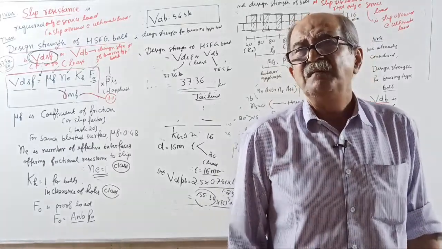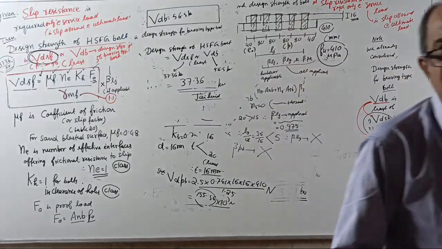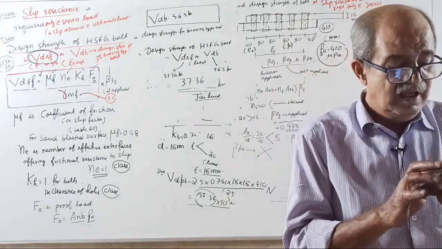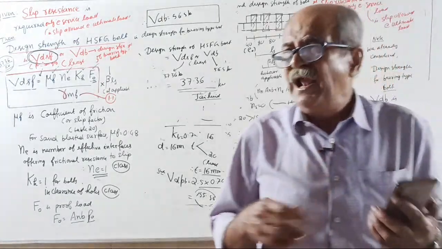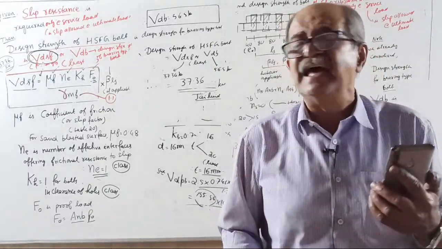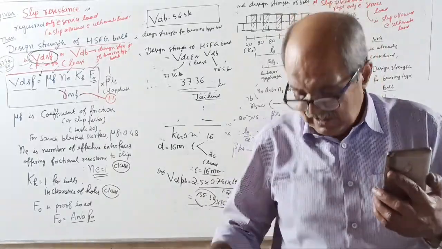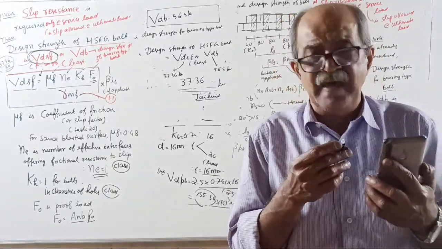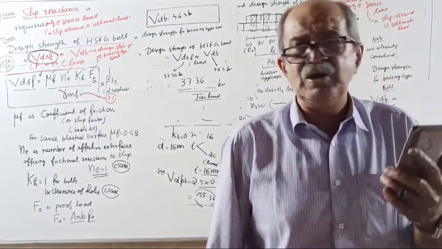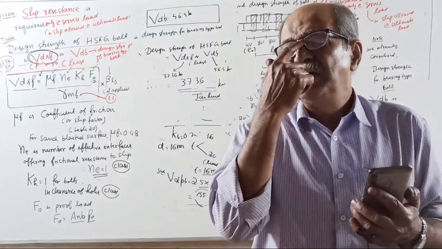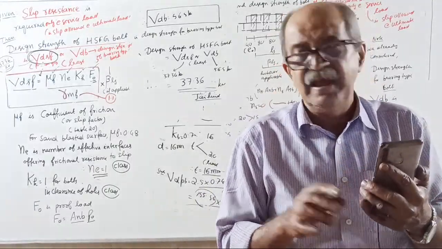Even if you provide a very rough surface with high friction, the IS code wants mu F not more than 0.55. They wrote mu F equal to 0.55. It is wrong. They should have given mu F is not more than 0.55. Okay, that's all.